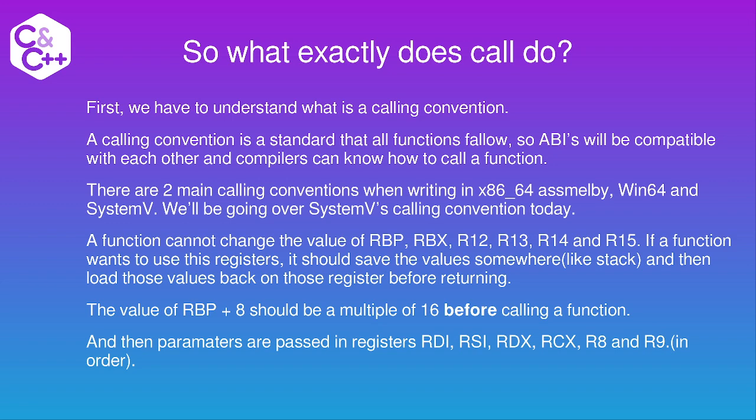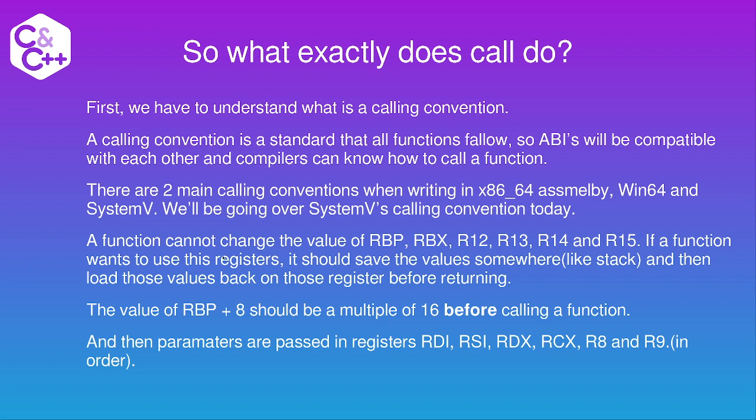If you want your function to use those registers, you should save those values somewhere and then put those values back in those registers before returning from the function. This basically means you have to preserve the values of RBP, RBX, R12, R13, R14, and R15.